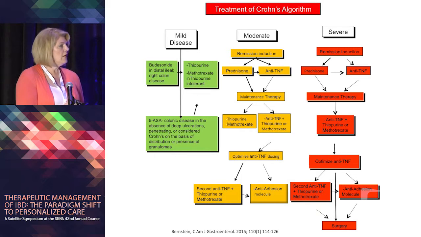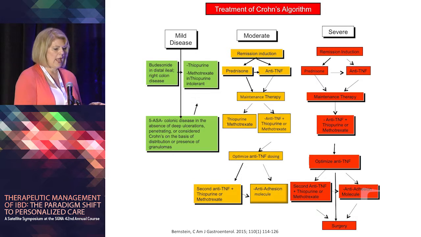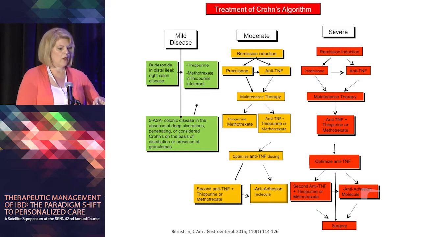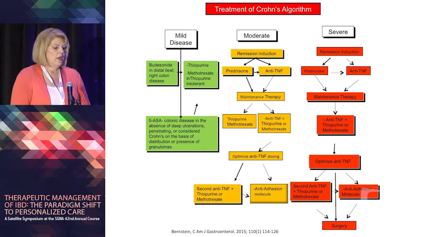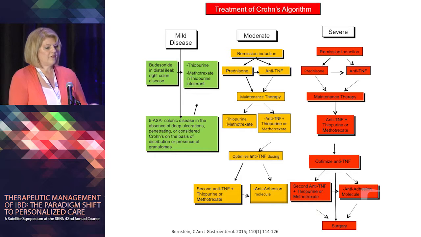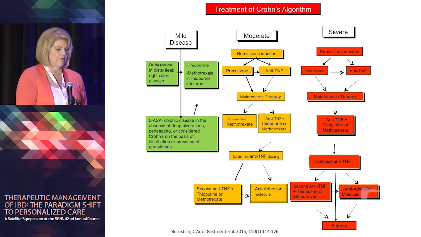As you can see, mild disease in the green over there, moderate disease in the middle in the yellow, and the severe disease. For severe and moderate, we start out perhaps with prednisone first to induce remission and an anti-TNF. So it's a decision tree that's based on the severity of their disease.